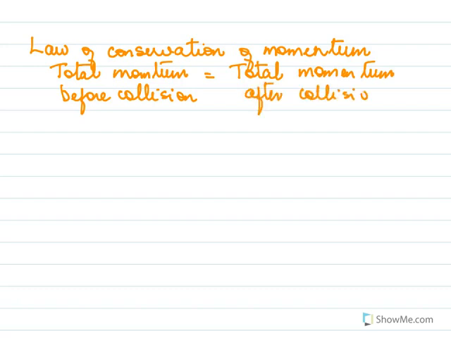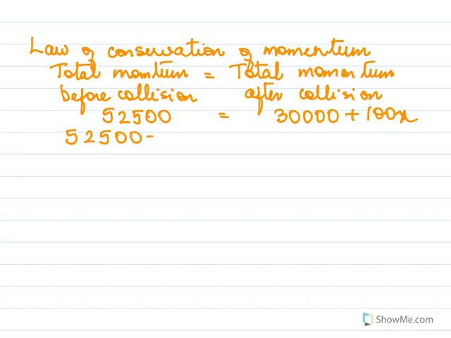And we have already calculated momentum before collision as 52500, and after collision 30,000 plus 1000x. So we have 52500 minus 30,000 equal to 1000x.